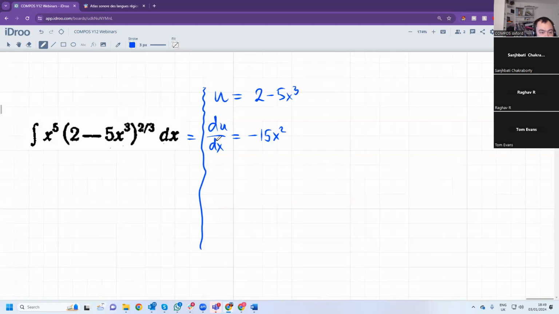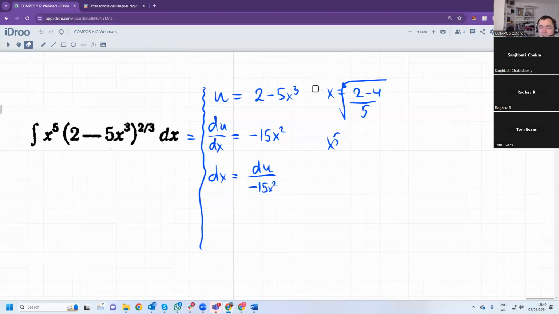And I can work out dx from here. So dx is du over minus 15x squared. I don't know what to do with x to the power 5 yet, because there's no beautiful way. I could technically express x as the cube root of 2 minus u divided by 5, but it doesn't look good.